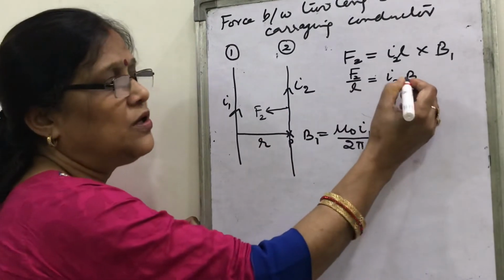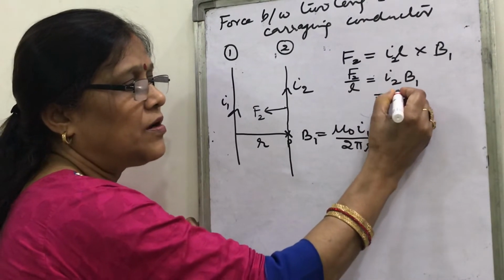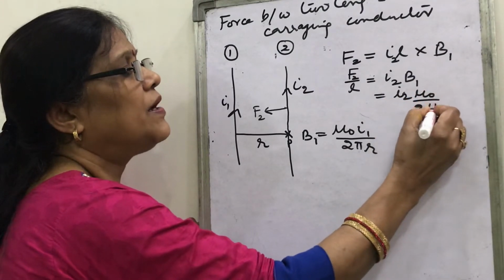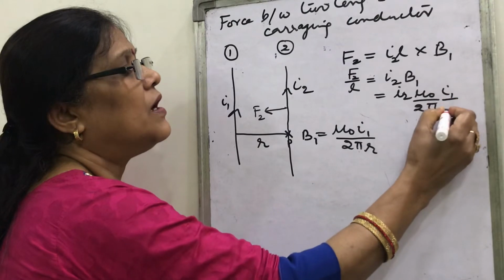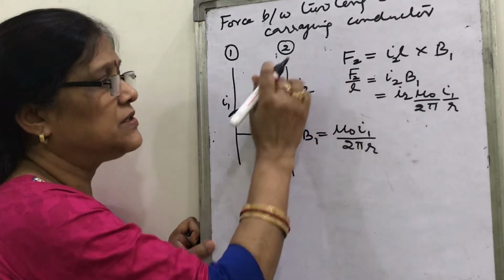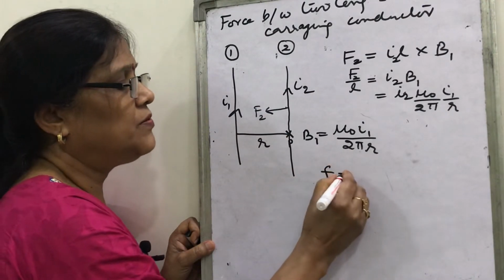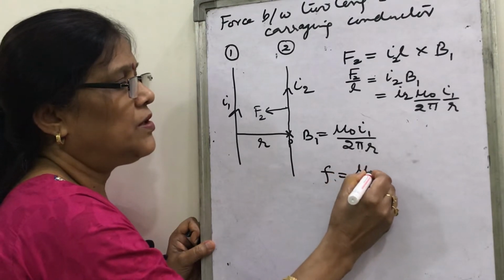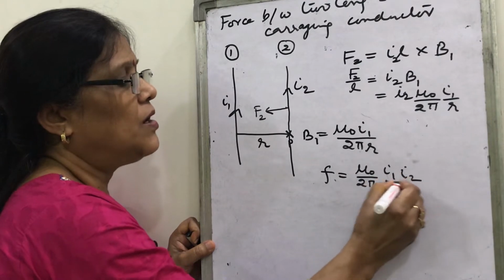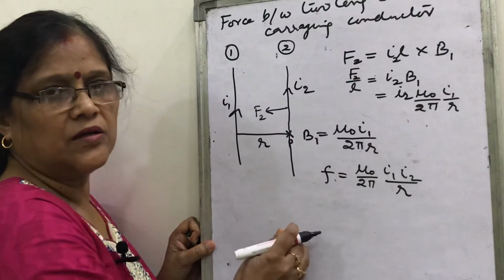So look here, I2 B1, put the value of B1, mu naught upon 2 pi, I1 upon r. This force per unit length on the second wire can be written as F equal to mu naught upon 2 pi, I1 I2 upon r. What is this F? F2 by L.